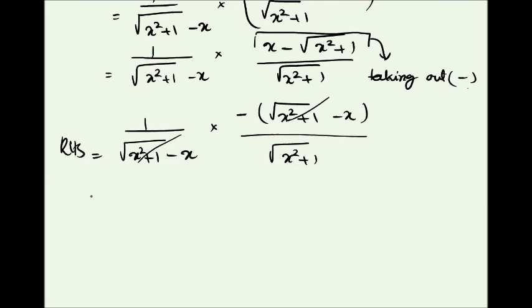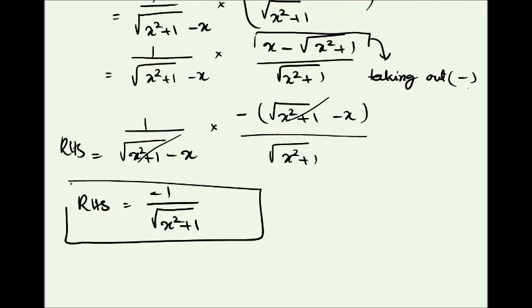Hence we get RHS equal to minus 1 by √(x²+1). This is marked as equation 2.